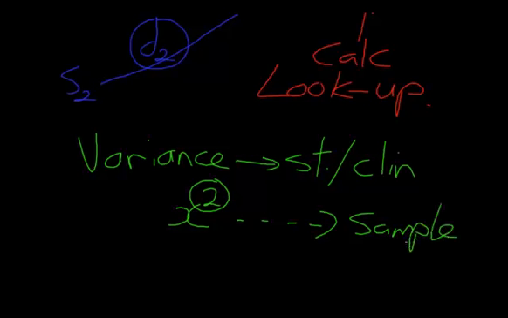If you just read a variance number, you can't rapidly build a picture of the distribution of the sample. So variance is used more by mathematicians and statisticians, whereas for us mere mortals, we use standard deviation, because from that number you can rapidly infer the distribution of a sample.